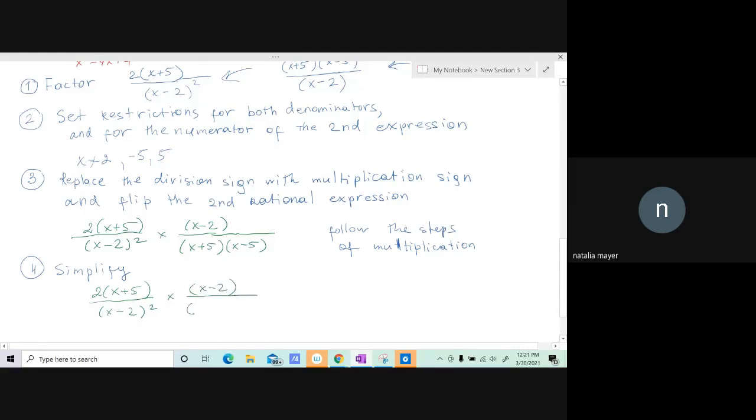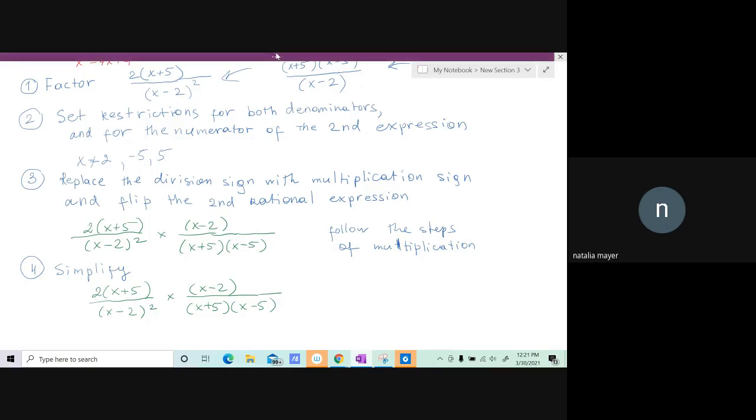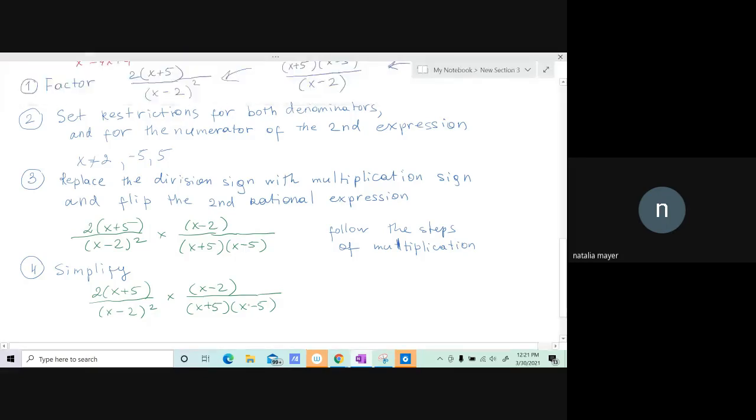Okay, so your suggestions about what can be simplified? Anyone? Miss, the 2 and the x minus 2 squared. Repeat, cancel 1.